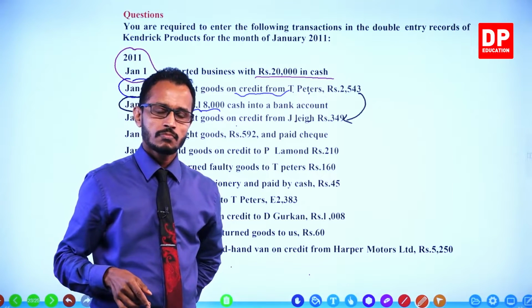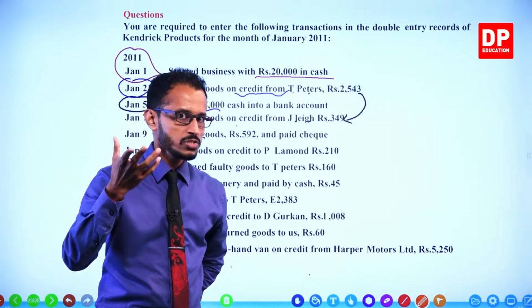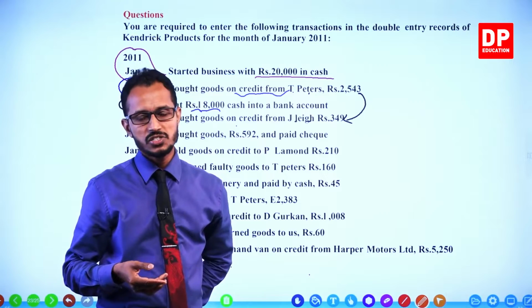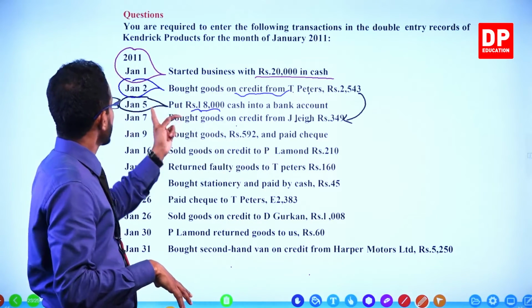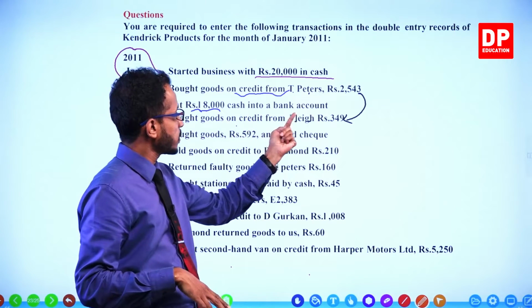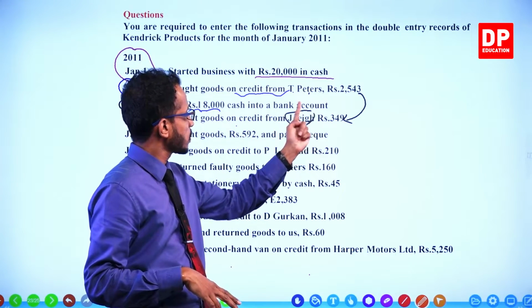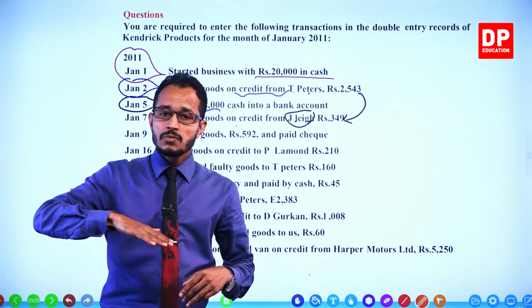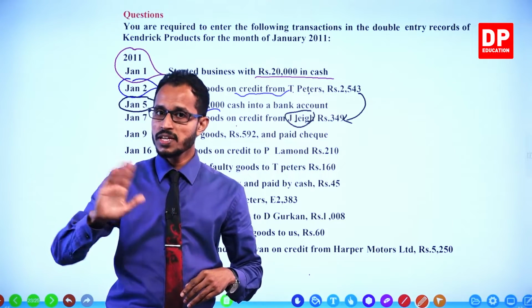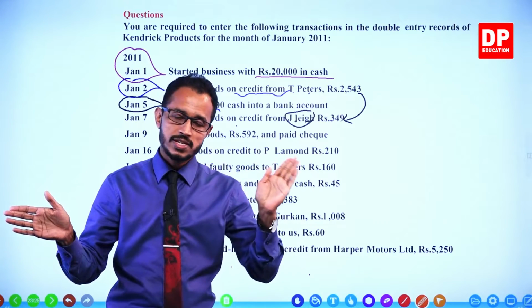No. For the third time I'm telling you, no goods account, children. It should be the purchases account. Purchases account debited, and because the goods were bought on credit, this is a creditor, and creditors are liabilities, so creditors account should be credited.